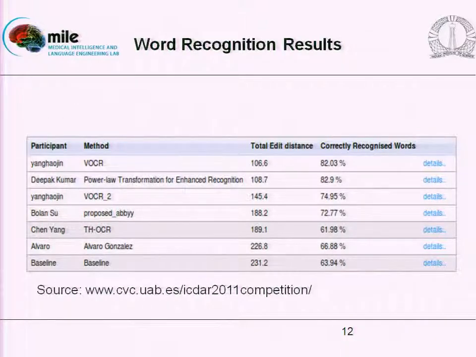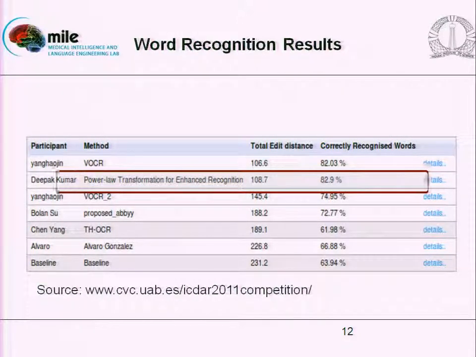These are the results obtained from the competition website. The participating method had a 62% word recognition rate, which was much less than the baseline. They used the ABBYY OCR reader on the cropped word images to recognize the words.